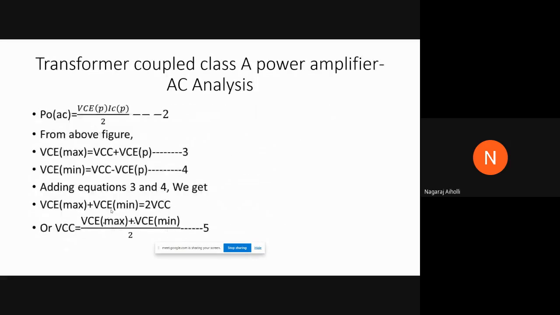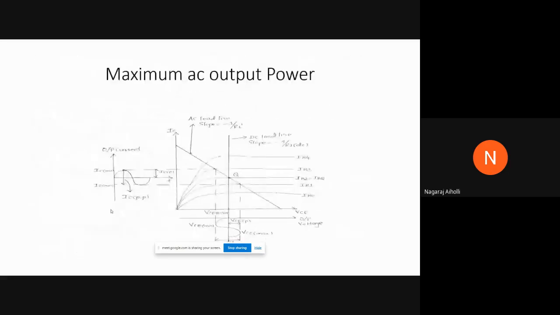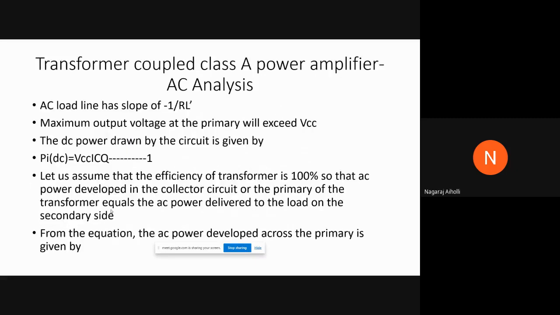Okay, so that's all for today's class, students. In today's class, we discussed the maximum AC output power, considering that the AC load line has a slope of -1 divided by RL dash.